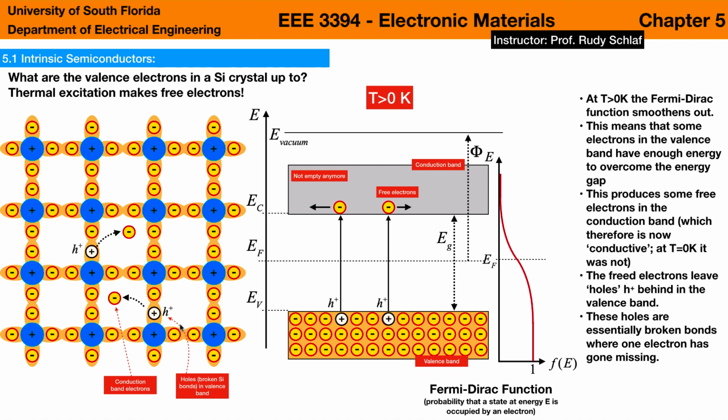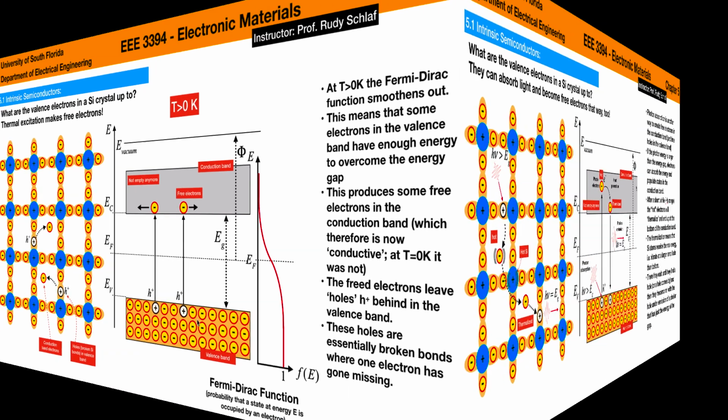That means that the silicon atom where the electron has gone missing from is now positively charged, and we can look at this as a positive charge that is in the valence band. These positive charges are called holes, and we will see later on that they can move about in the valence band and contribute to the current that is flowing through a semiconductor.